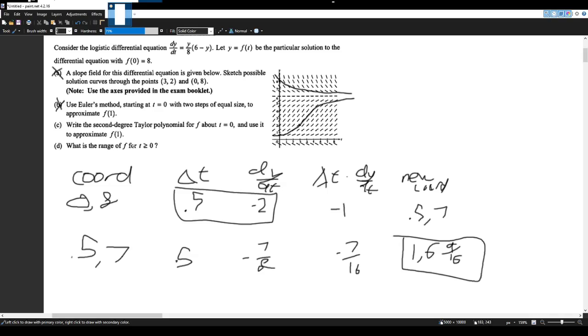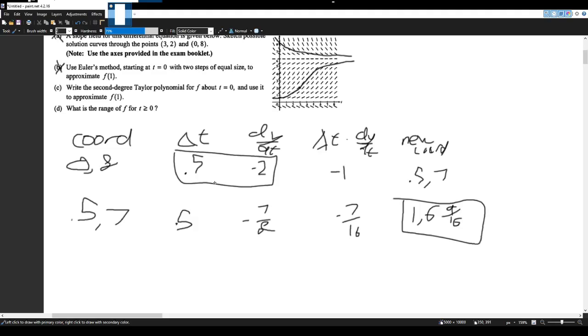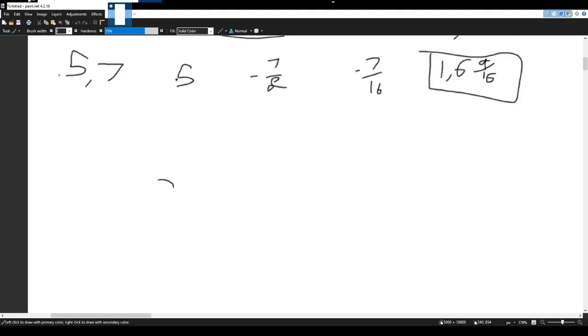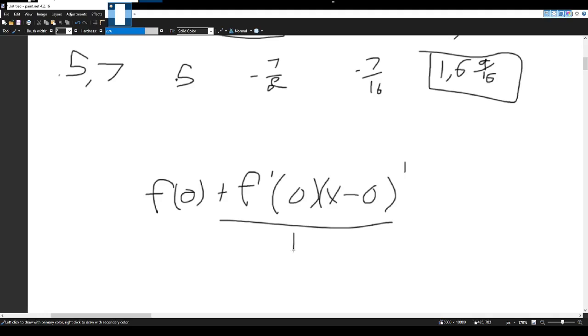That's part B. Part C: write the second degree Taylor polynomial for f about t equals 0 and use it to approximate f(1). The formula for a Taylor polynomial about 0 is f(0) plus the derivative of f at 0 times (x minus 0) to the 1 over 1 factorial.